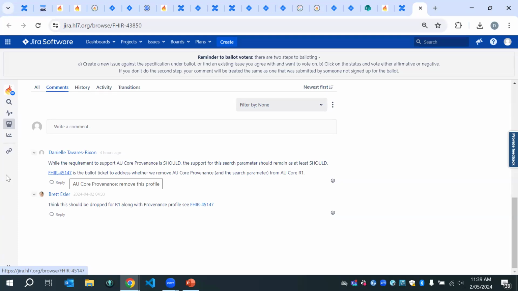This can be summarized as saying, let's make the guidance on supporting this search align with the guidance on supporting provenance, namely that both should be should, as a piece of making it consistent. Yes, it is. That's a good way to put it, Richard.